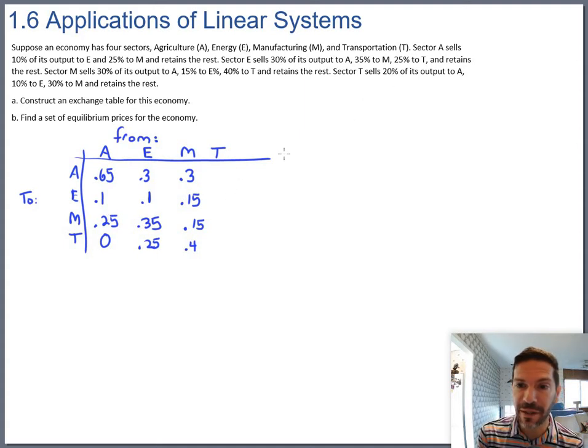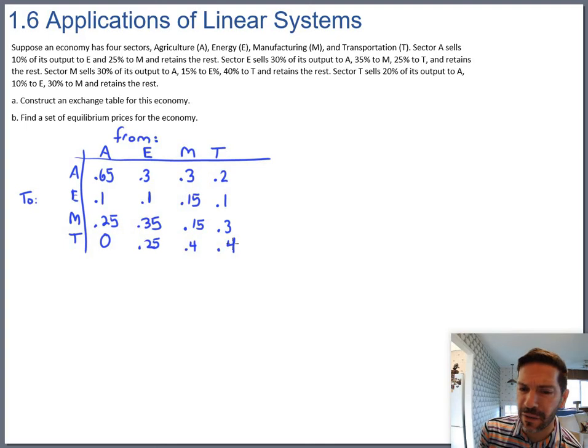And transportation, 20% to agriculture, 10% to energy, 30% to manufacturing, and retains the rest. So let's see, the rest this time is 50, 60, so there's 40% left.